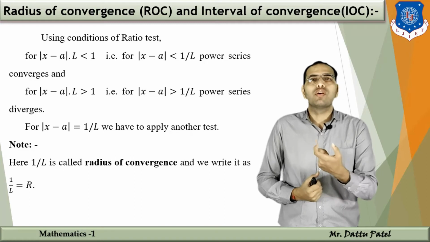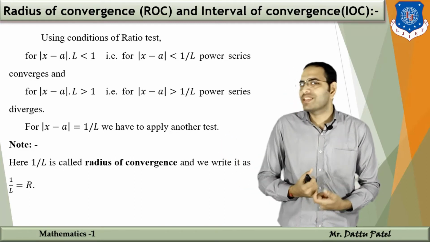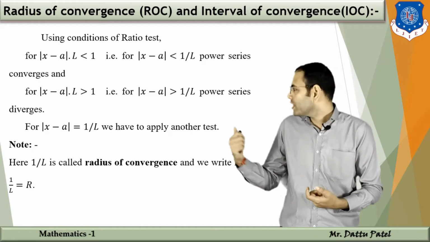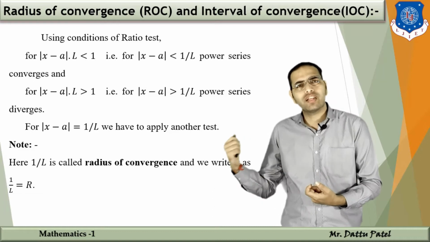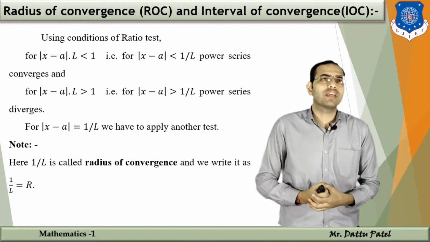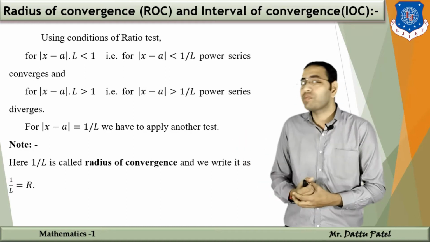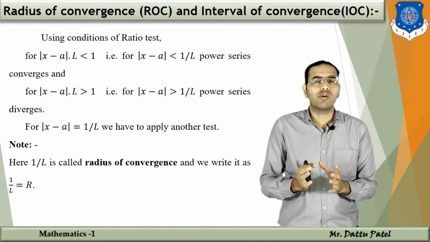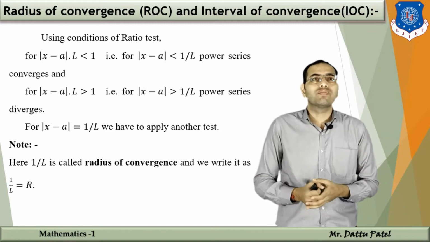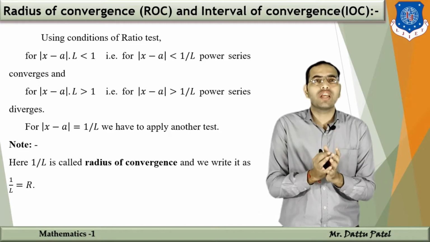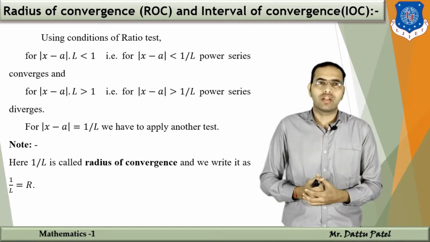And for mod of (x minus a) into L greater than 1, that means mod of (x minus a) is greater than 1 upon L, in that range the given power series is divergent. And for mod of (x minus a) equal to 1 upon L, we cannot say whether the given series is convergent or divergent. That means the ratio test fails, and then we have to apply another test.